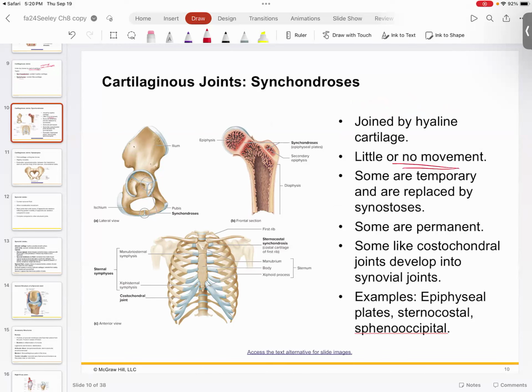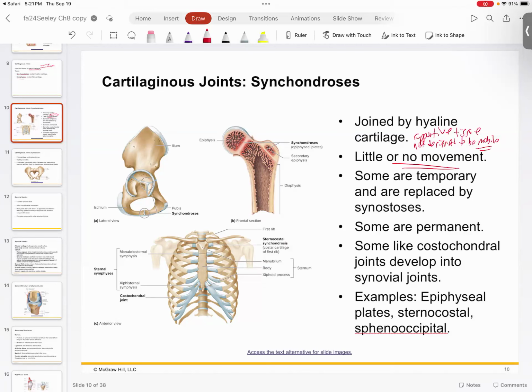Because cartilage is a supportive tissue. It's not designed to be mobile.